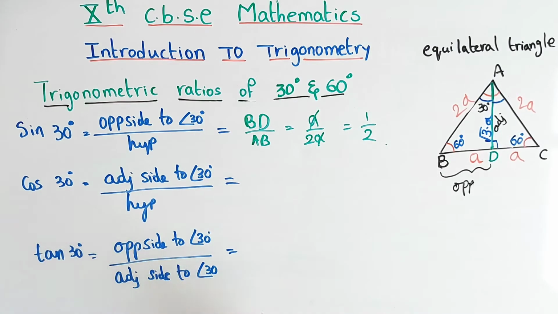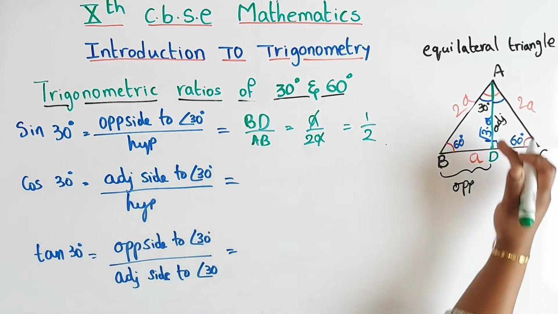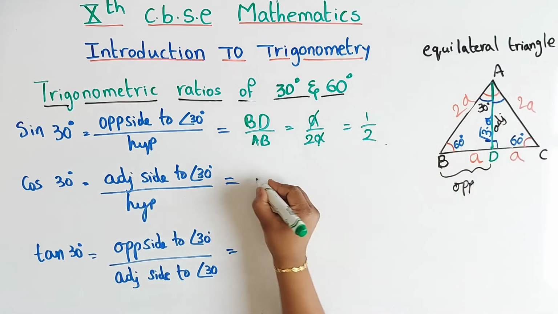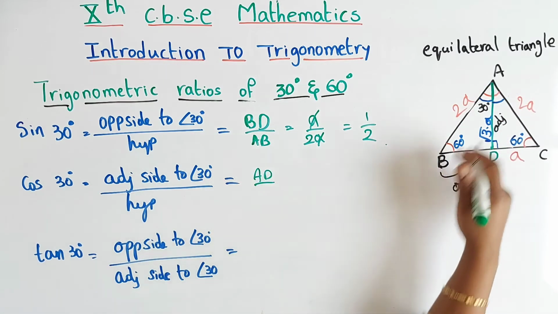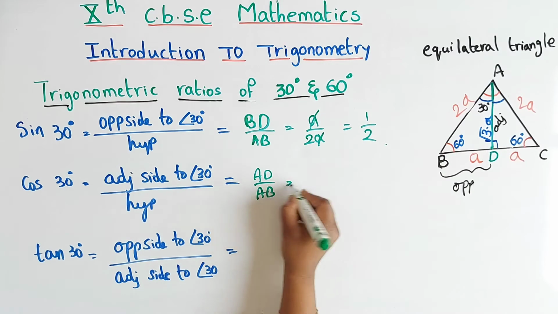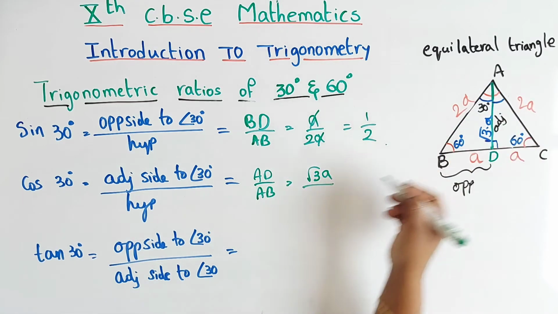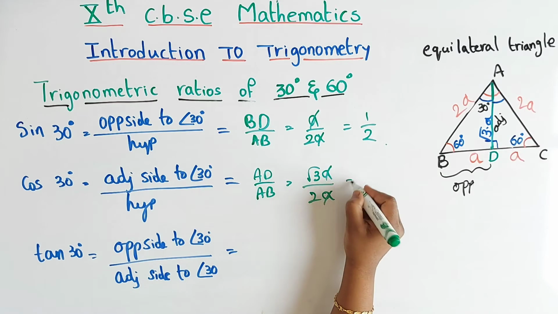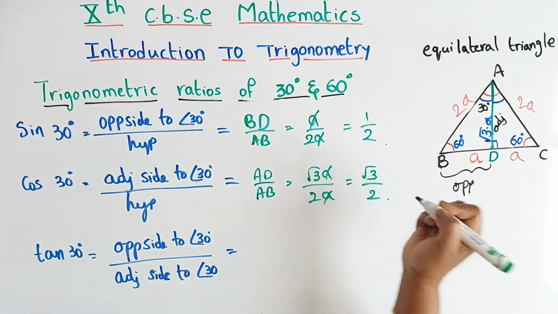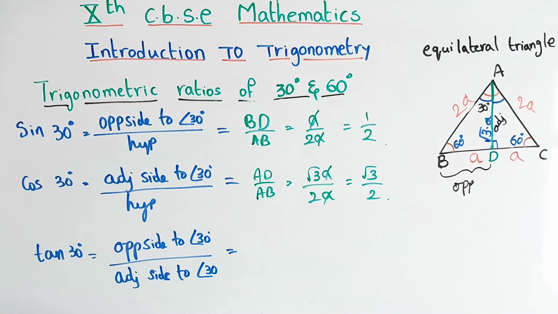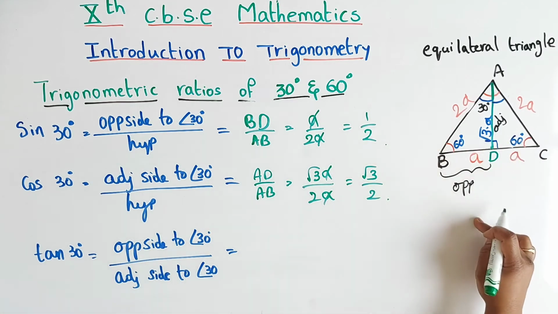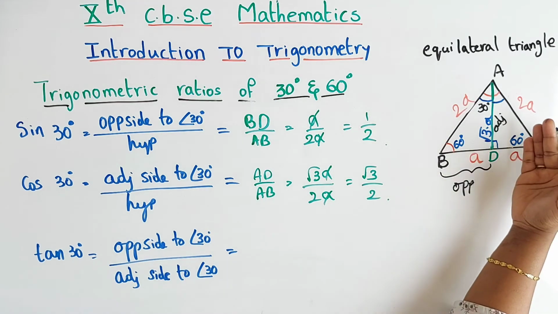Cos 30, children, adjacent side to angle 30. Adjacent is this one, AD, divided by hypotenuse, we know AB. So what is adjacent? Root 3A divided by hypotenuse 2A. A and A will get cancelled, root 3 by 2 here. Tan 30 degrees, opposite side to 30 degrees divided by adjacent side to 30 degrees.